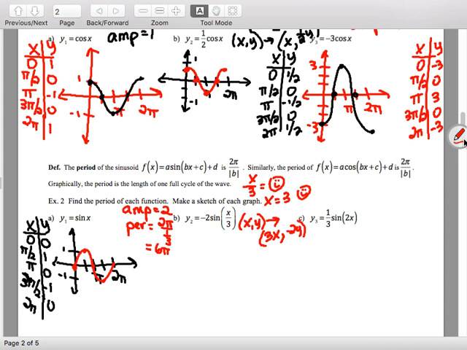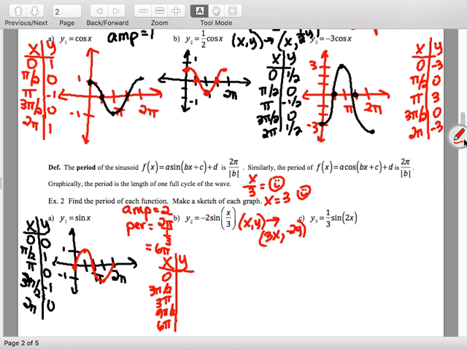Let's do our XY table. And now I have to take every x value and multiply by 3. Okay, I'm going to take every x value and multiply it by 3. So 0 times 3 is 0. Then that's 3 pi over 2, 3 pi, 9 pi over 2, and 6 pi.